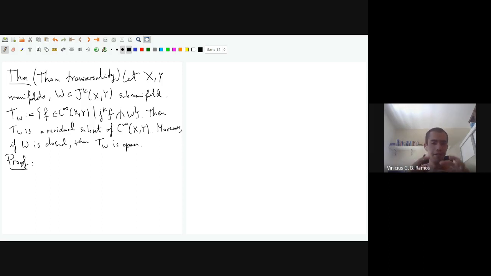So if you change f just in a little small open set, then you'll be able to find a dense set of functions where the k-jet is transverse, this slightly stronger transversality question. And then because all the manifolds are second countable, you can find a countable collection of those. So that's kind of the idea.